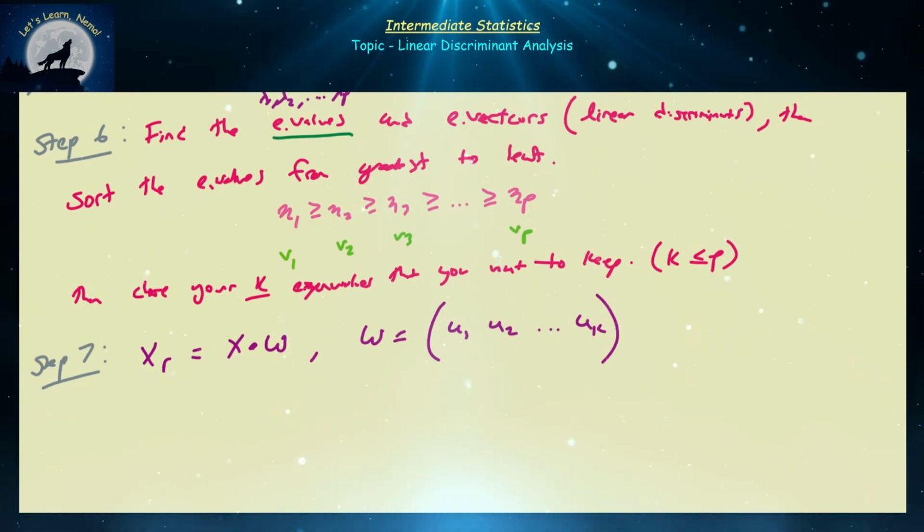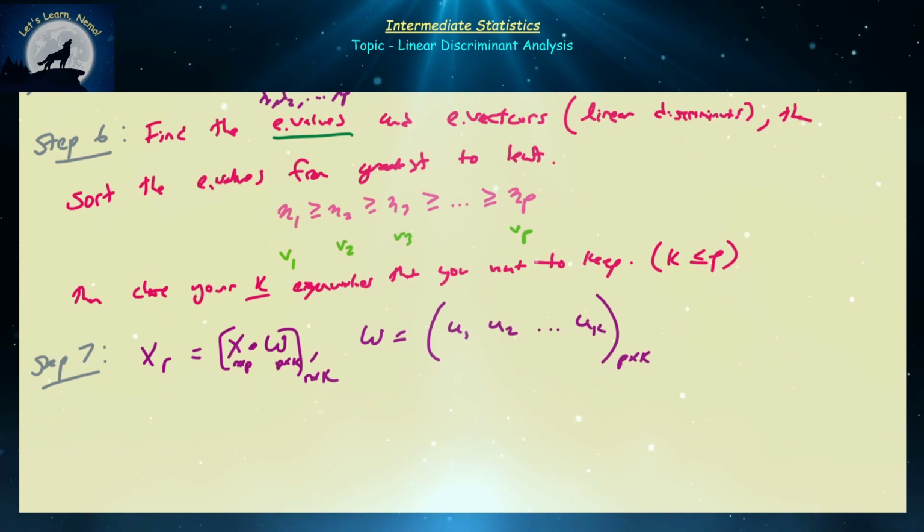This is going to be a p by k matrix. Keep in mind x is an m by p, multiplied by a p by k, which means this is going to be an m by k data matrix. So our dimensionality is technically reduced here.